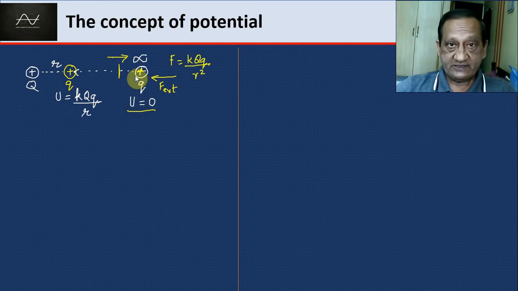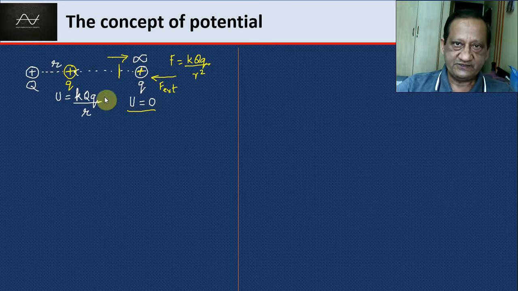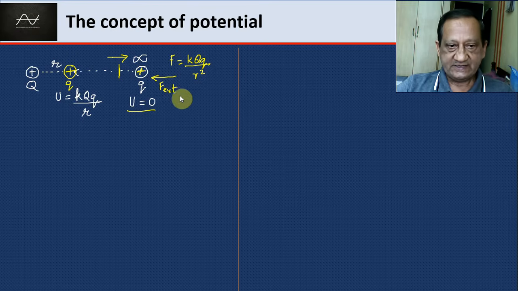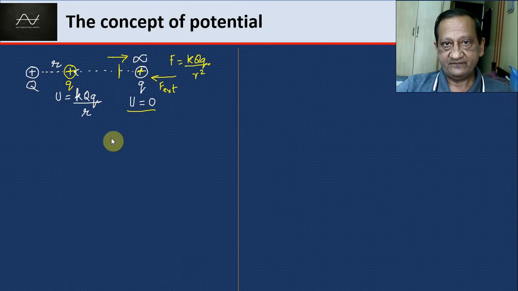The external agency does positive work in bringing this charge from infinity, meaning zero potential energy, to this point. We can prove that the work done by this external agency is K Q1 Q2 divided by R, where R is the separation.